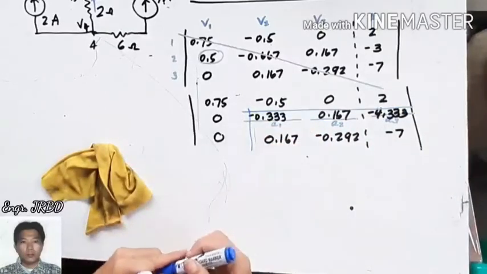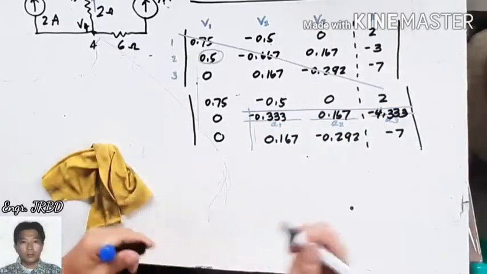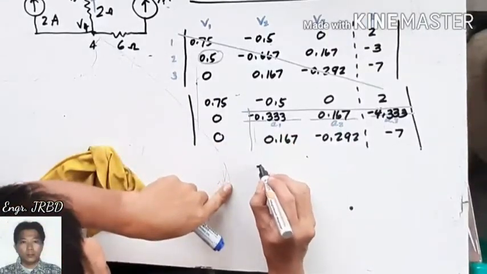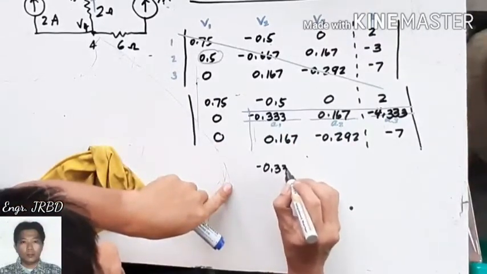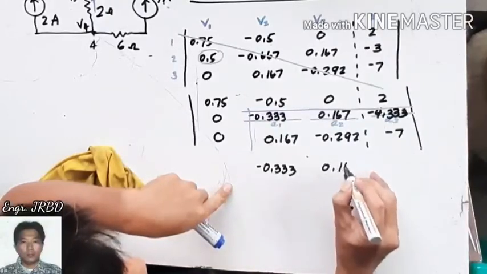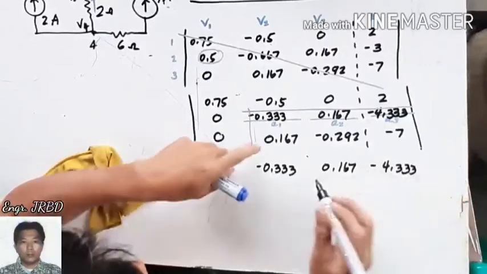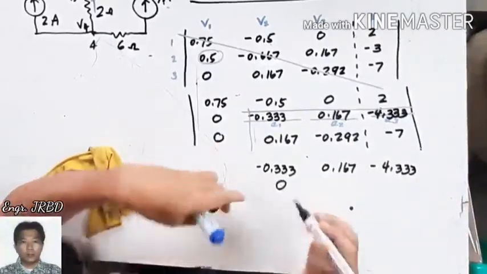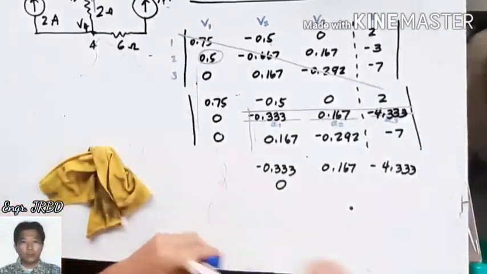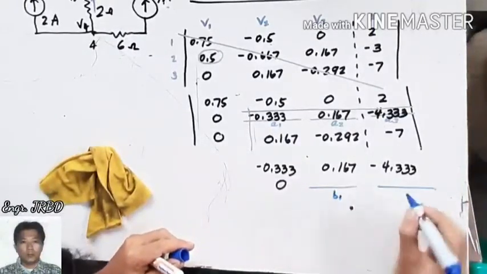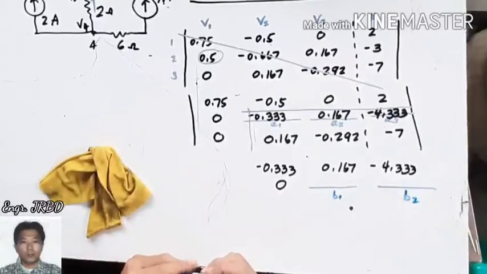Okay, so if we write these elements down, negative 0.333, 0.167, negative 4.333, and replace this with 0 and determine these new elements, supposing that this is B1 and that is B2.